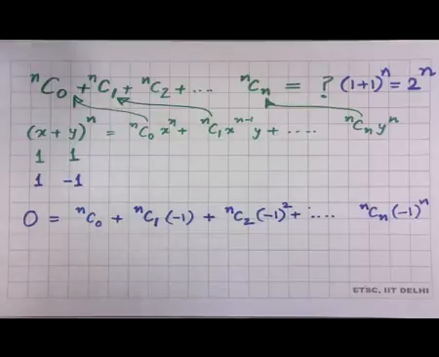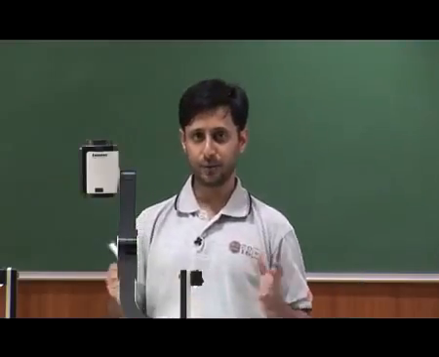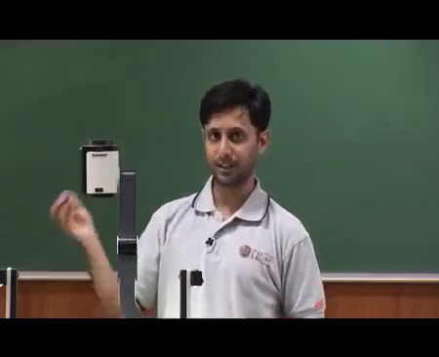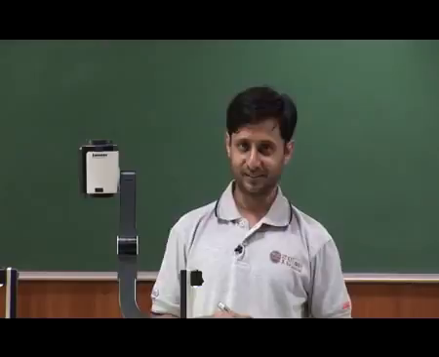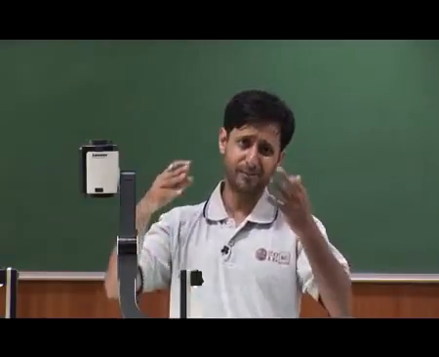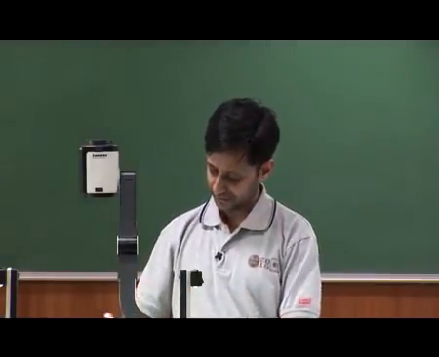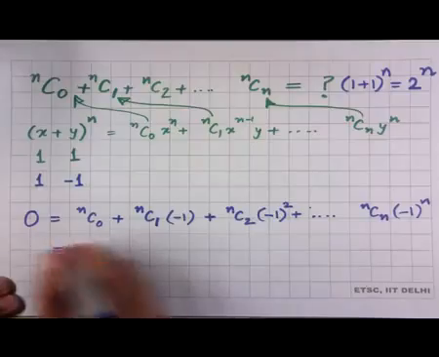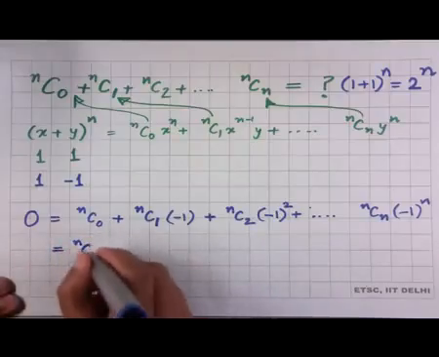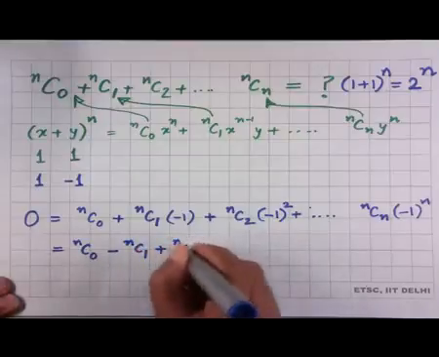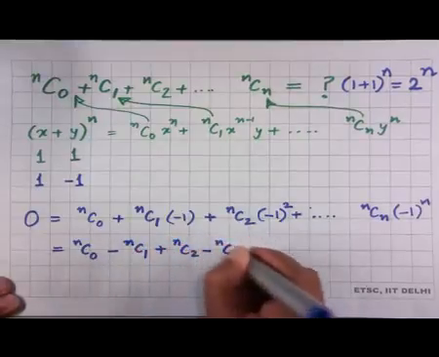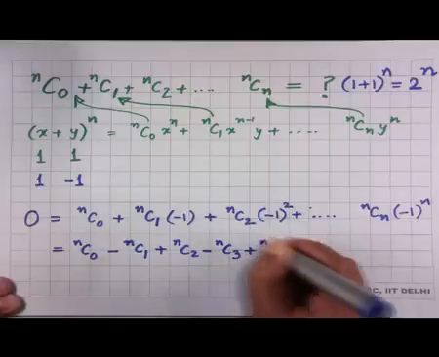Okay. And now you group things together, you put all the minuses on one side, all the pluses on the other side, or you need not do all of that. So, you can just simplify this and say that this is n choose 0 minus n choose 1 plus n choose 2 minus n choose 3. So, it keeps alternating, right.